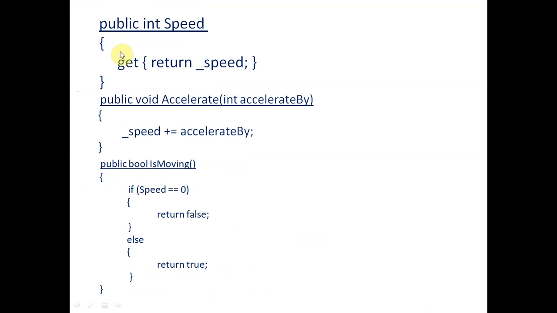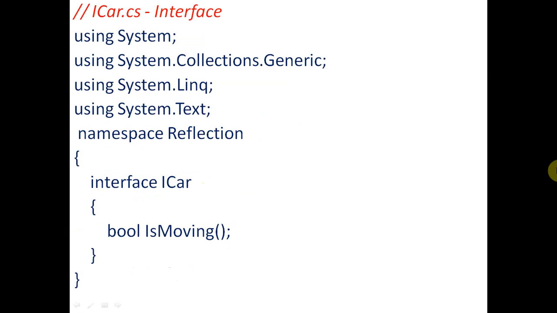Then we have the Speed function, which returns speed by the get block, the Accelerate function, which increases the speed, and the IsMoving function, which is implemented from the interface. IsMoving is the prototype function of the ICar interface.